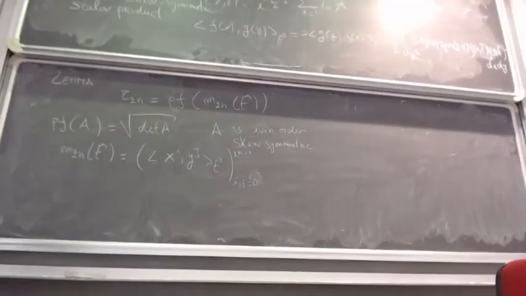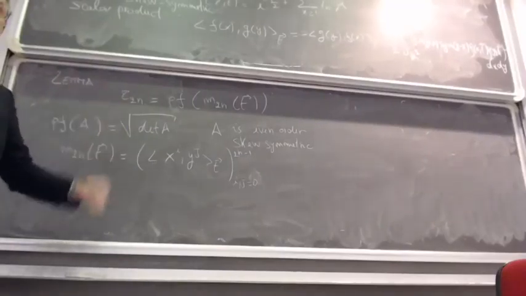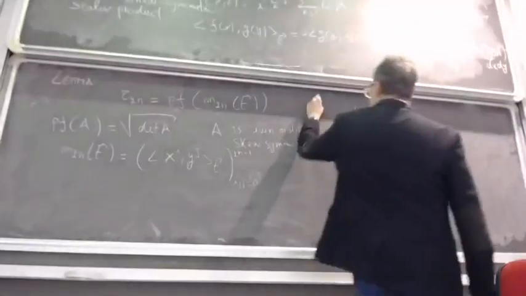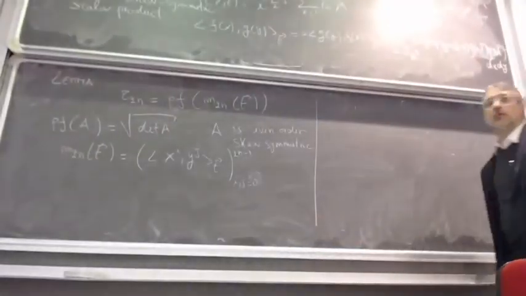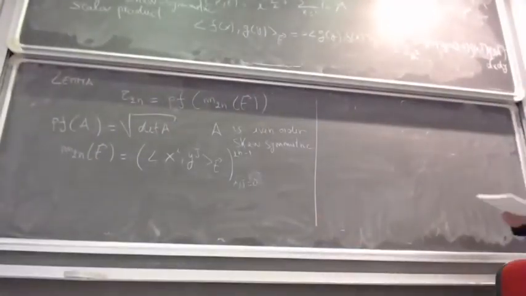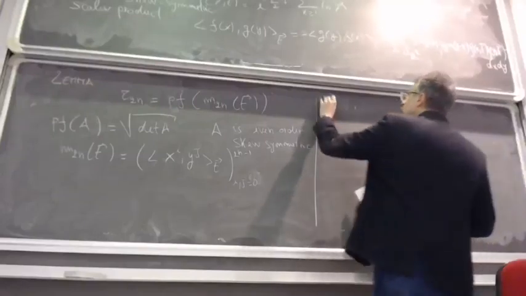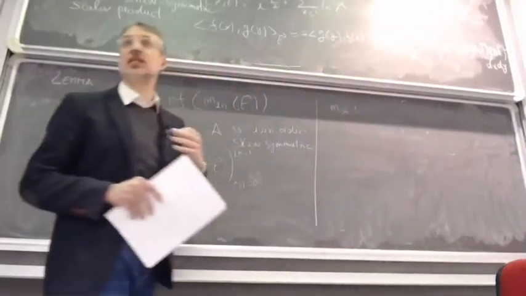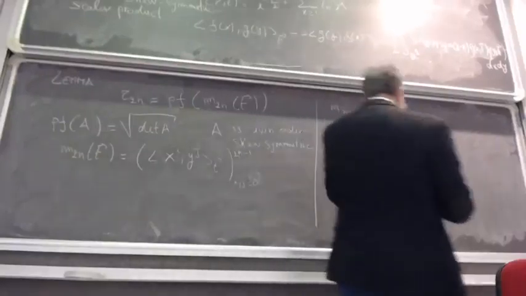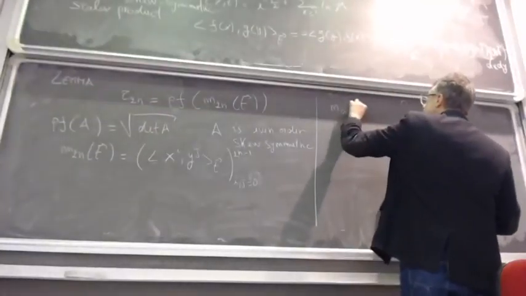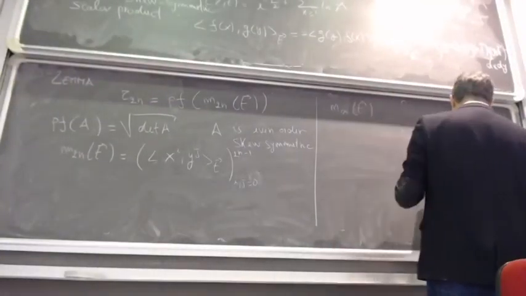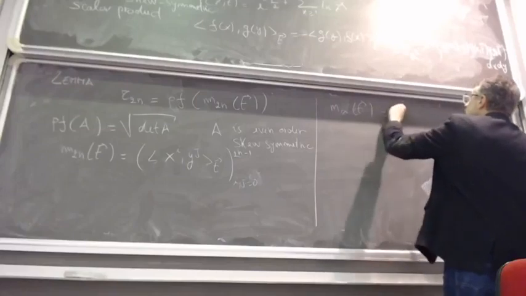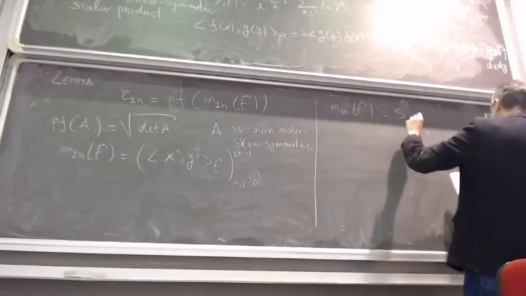Now, given this skew-symmetric analog of the moments matrix, we can consider the semi-infinite extension, and then we have S to the minus 1.